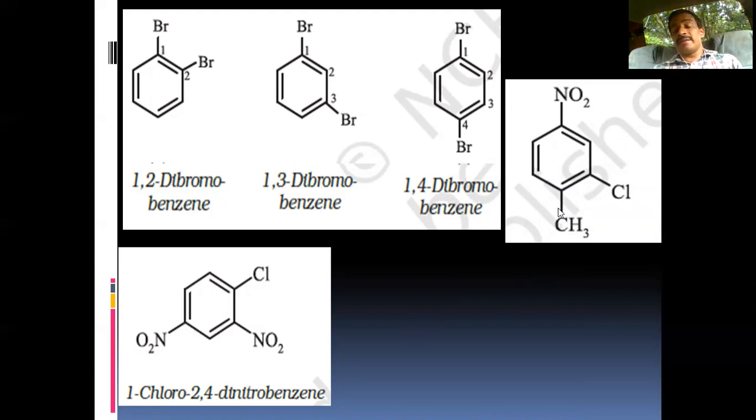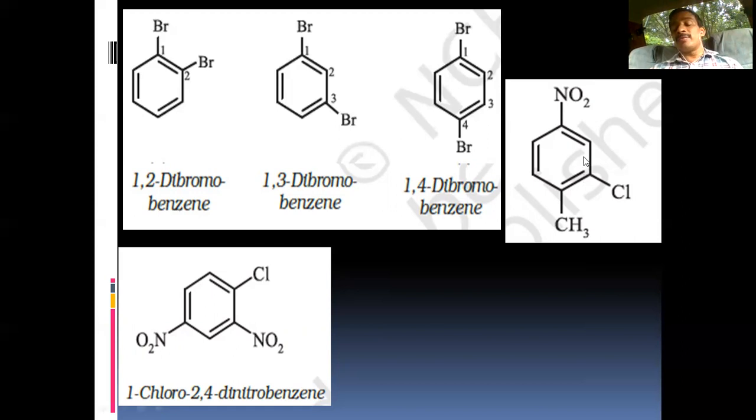Another example. Here chloro, methyl, nitro, 3 groups are present. If a CH3 group is substituted in the benzene ring, we can consider it as toluene. So if you are naming this compound as a substituted toluene, you have to start numbering from the methyl group: 1, 2, 3, 4. Then the name is 2-chloro-4-nitrotoluene. That is one of the names. Otherwise, you can consider it as a substituted benzene.